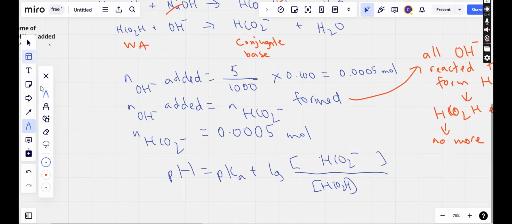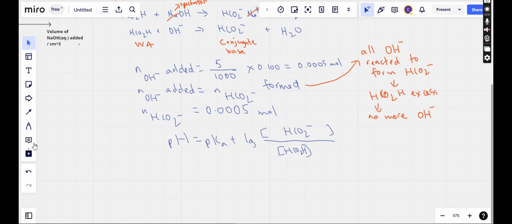Now you want to find the HCO2H left. So initially you find the initial number of moles present, and then you subtract how much reacted with the OH minus. So you subtract 0.0005.